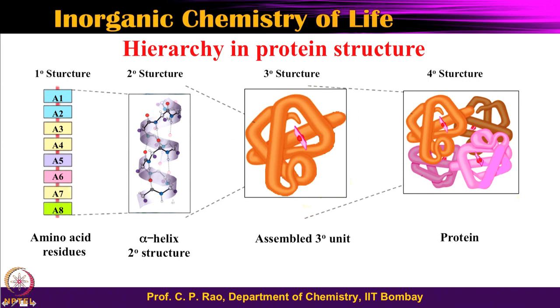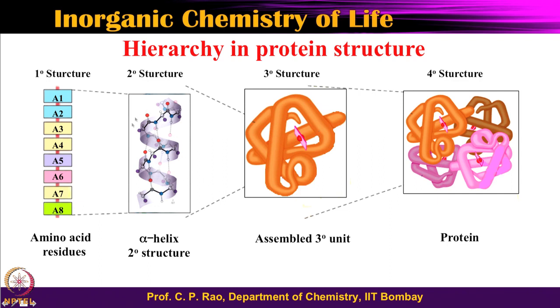So, secondary structures are built, and secondary structures running across the entire protein is called the tertiary structure, and such proteins are joined together in a particular kind of symmetry, and that results in the quaternary structure. So, primary, secondary, tertiary, quaternary.